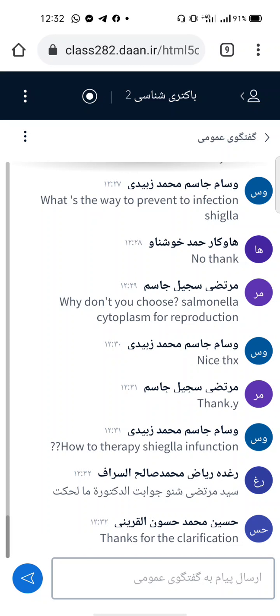When you have shigellosis, the risk of transmission of bacteria to other members of the family, your sisters, brothers, parents, is high. To prevent this transmission, it's better to consume antibiotics.